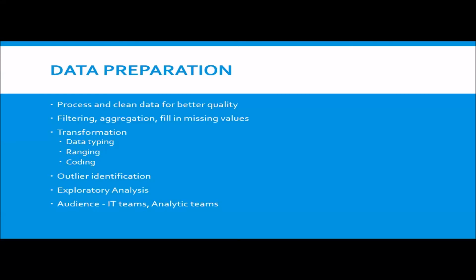Then the other thing we might be doing, as part of the transformation process, is ranging data. Salary is a great example of ranging. We might have a salary range in our organization from $30,000 to $100,000, right?